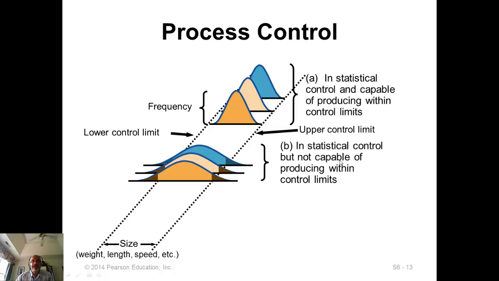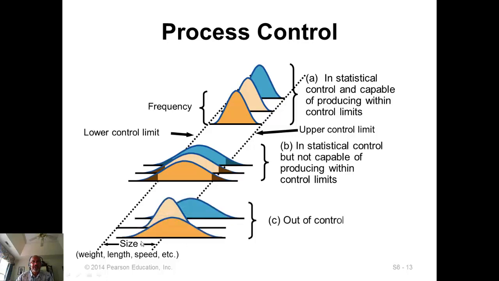In the second case, it is statistically in control because the target value doesn't shift to the left or to the right, but the range becomes larger, or the variance is larger, and you have large parts of the tail falling outside the control limits. Or in the third case, the central value itself is outside the limits. So the process is said to be out of control.